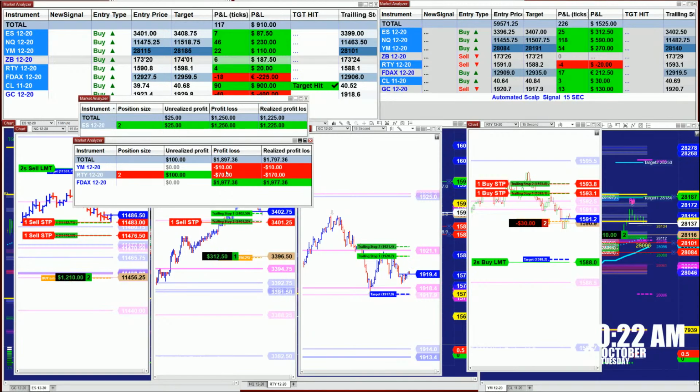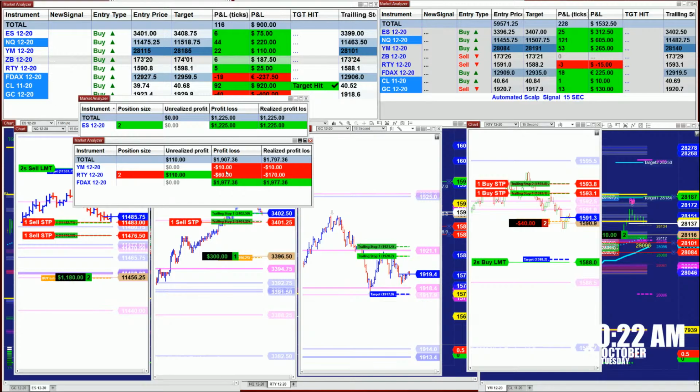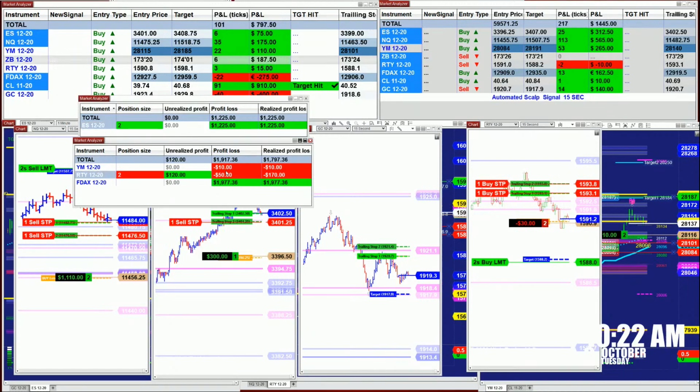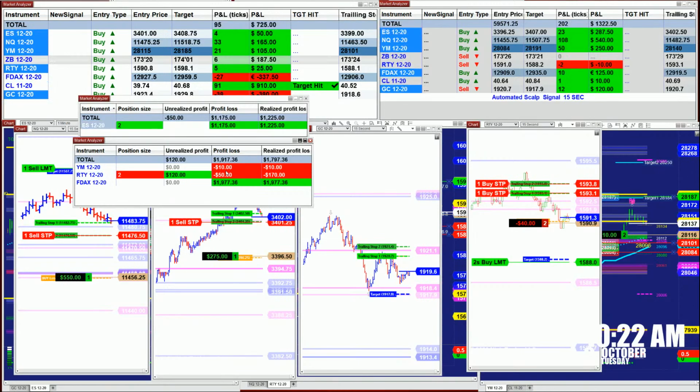This is what beginners say: what's wrong with your auto trade? A minute ago you had $1,500 more, and now you are in the red. The reason is that the market is sideways. It has nothing to do with your auto trade.